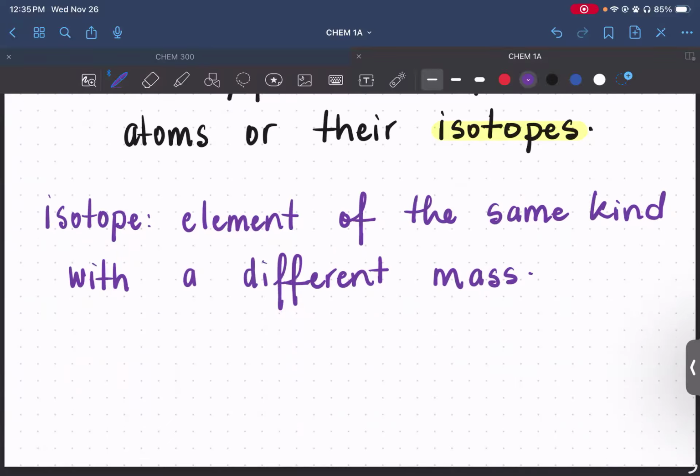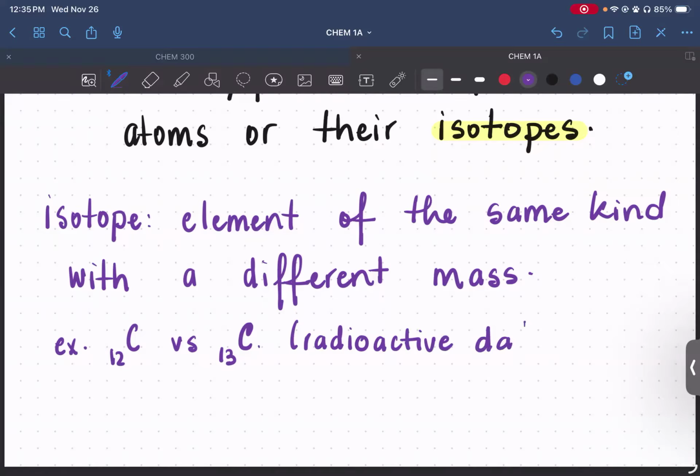I believe way back when we covered this in module 1, I gave you a couple examples. I gave you carbon 12 and carbon 13. Carbon 13 is very commonly used in radioactive dating. Carbon-13 is an isotope that is radioactive, and its concentration in an object, body, or person can be used to effectively date that object, body, or person to know how old it is exactly.